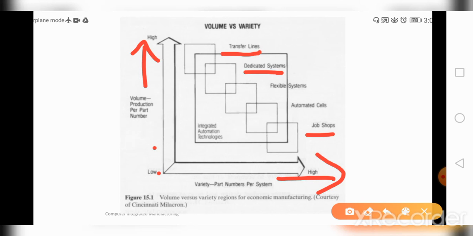In between these two we have automated cells and flexible systems, where they are in the mid, where there will be variety and also a considerably larger number of products to be manufactured compared to job shops. That is what we have when we compare volume versus variety, where the flexible manufacturing system fits.